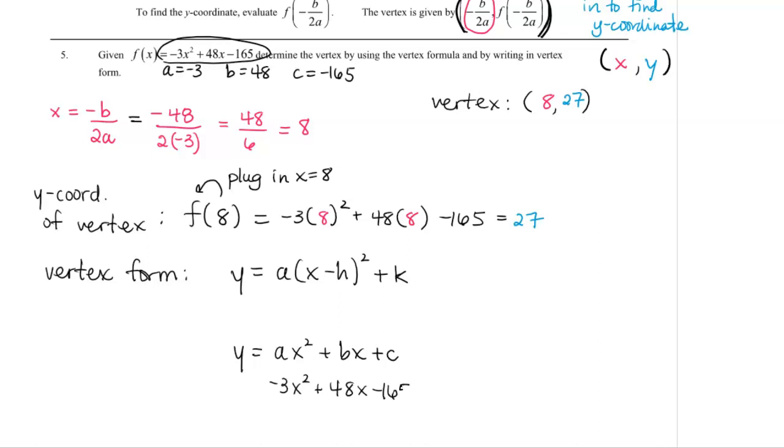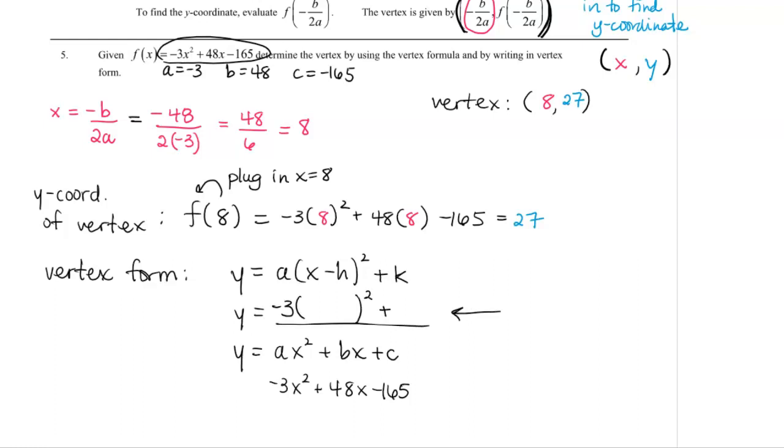We want to know what a, h, and k are in order to fill this out. Well, a we already know. So we're trying to fill out this form here. This is what we want. a we already know, which is -3. So I can just put that.